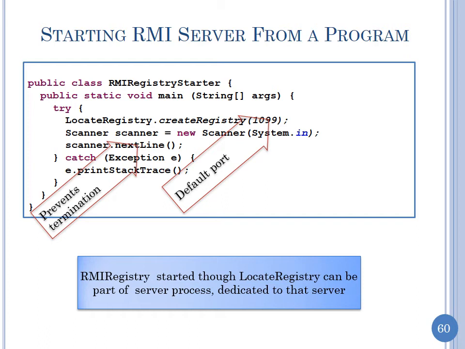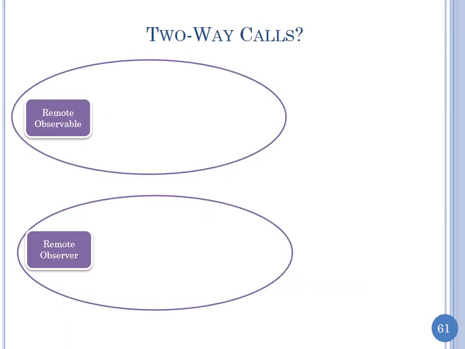It does create registry, puts a port number there, and we stop the main method from halting. This is all review because we're going to build on this example, and I need this example to be in your cache. And this is how we're going to build on it.